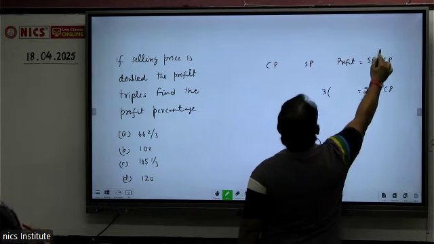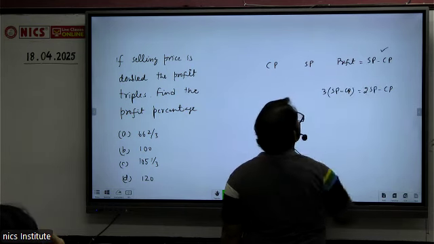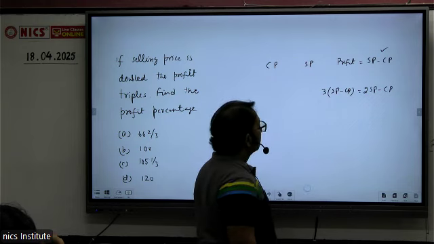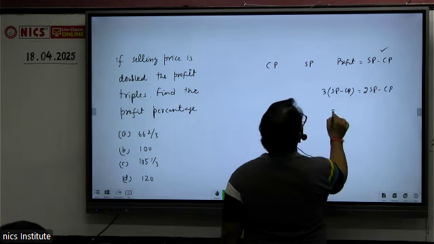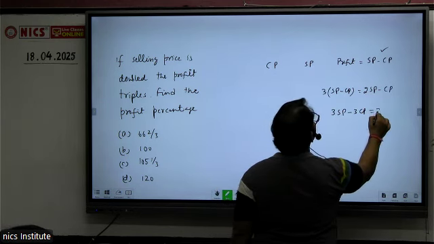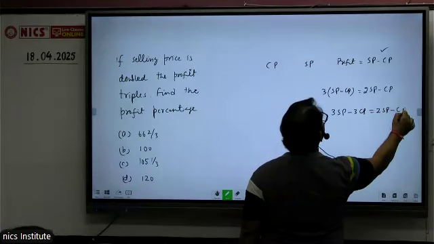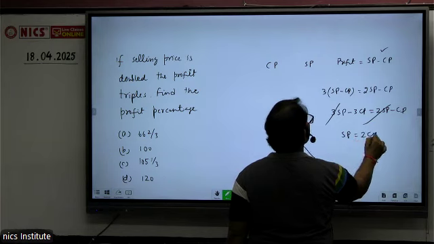But what is the profit? It was SP minus CP. So the new profit is 3 times the original profit. So 3SP minus 3CP should be equal to 2SP minus CP. So SP is equal to 2CP.